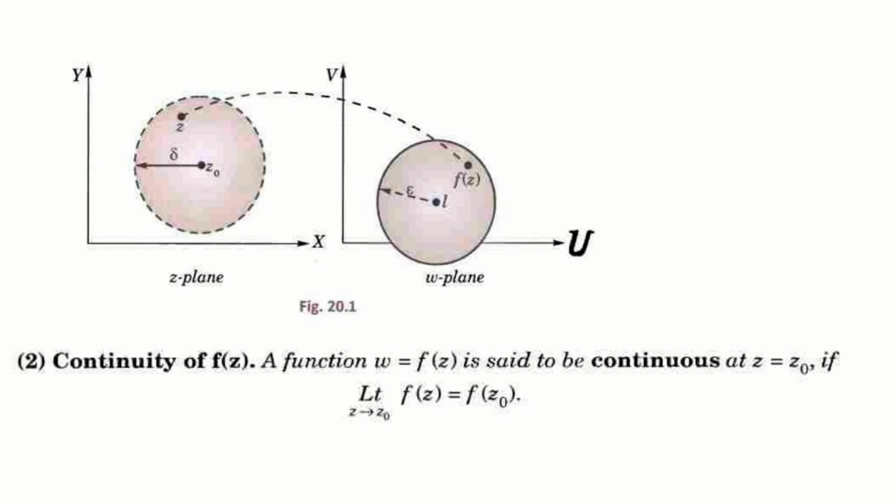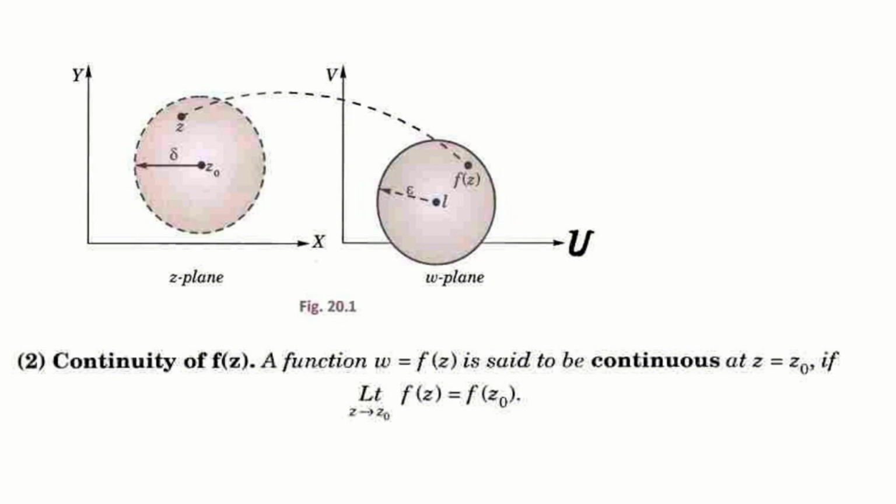As I'm approaching a point z naught in the z plane, through any way possible, I would see that my function f of z would also approach a point, and that is L, as I approach the point z naught in the z plane.